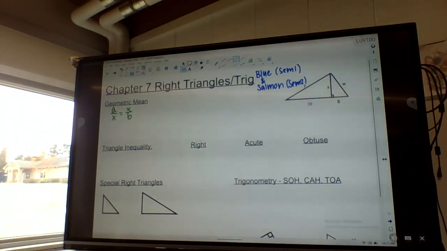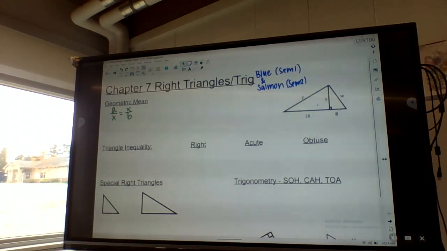So for this example, this example up in the upper right is an example of geometric mean there. And so remember, this is where we said this x is shared by these two triangles here.